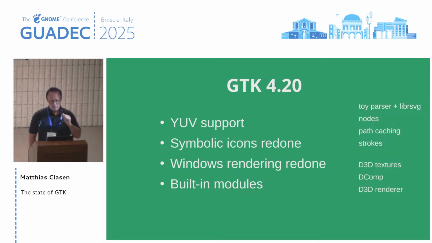But what we've done now is we've just changed our build infrastructure to include those modules that we always want to have available inside the library itself, so we don't have to dlopen them at runtime.